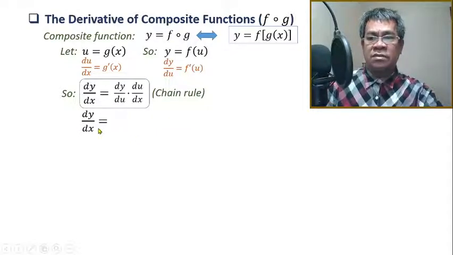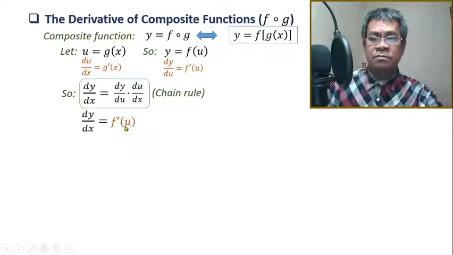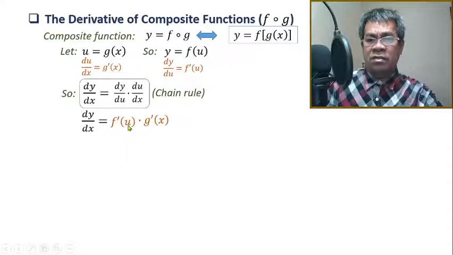So in this case, since we have dy/du, the result is the first order derivative of the function of u, f prime of u, multiplied by what? du/dx, but du/dx is g prime of x. But take note, what is u?